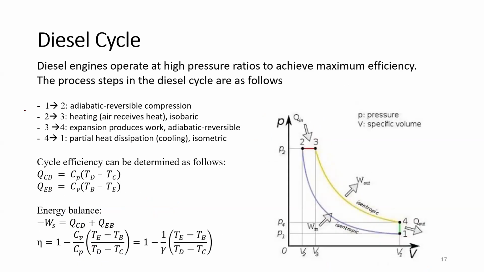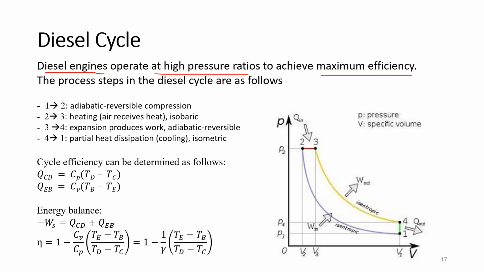Okay, so for the next one, we call it the diesel cycle. The diesel engines operate at high pressure ratios to achieve maximum efficiency. In the thermodynamic cycle diagram of the ideal diesel engine, it is similar, with in total four steps.